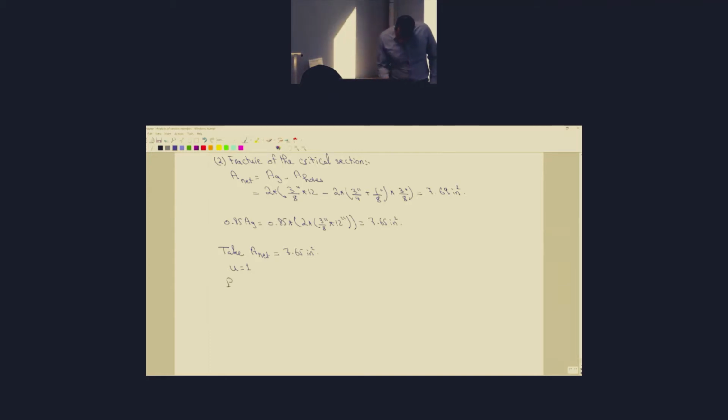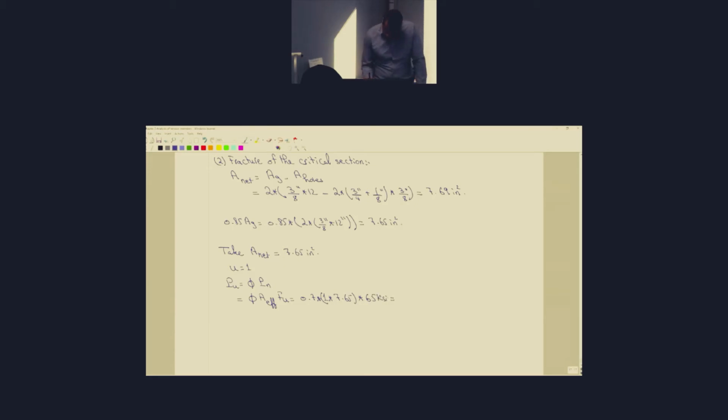So the ultimate load is phi multiplied by the nominal load, and the nominal load is the effective area multiplied by the ultimate stress. So phi is 0.75, the effective area is U, which is 1, multiplied by the net area, which is 7.65, multiplied by the ultimate stress, which is 65 ksi.